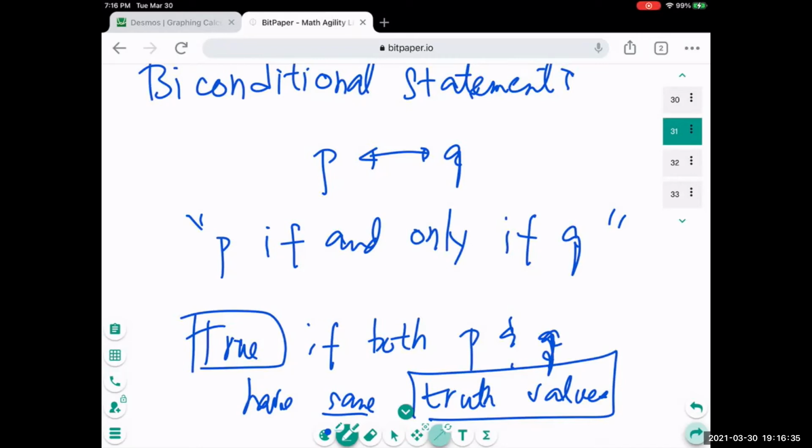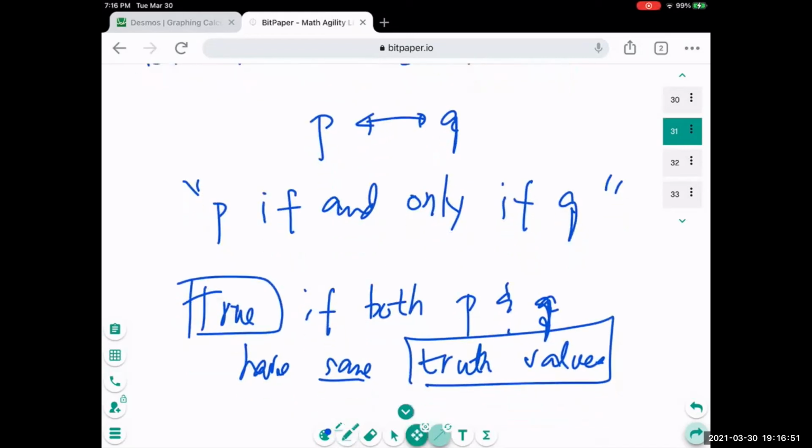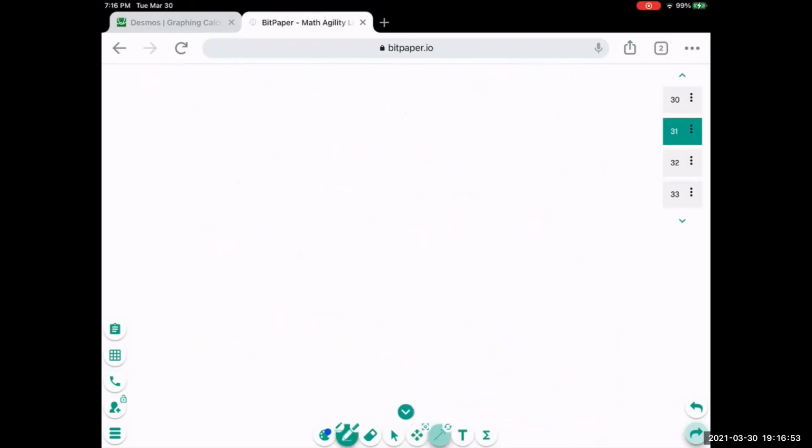Okay, let's prove using a truth table yung kaninang minention natin. Let's prove yung P conditional Q is equivalent to negation of P disjunction of Q, right?